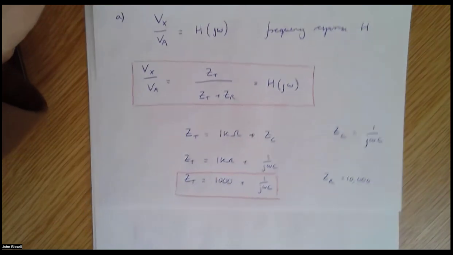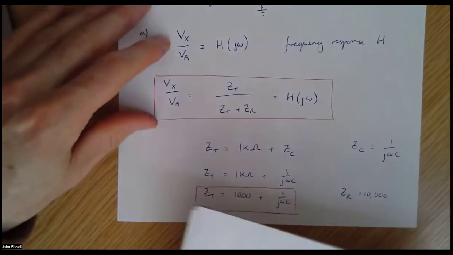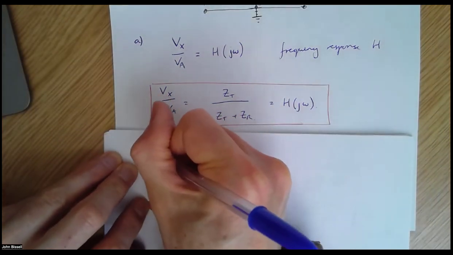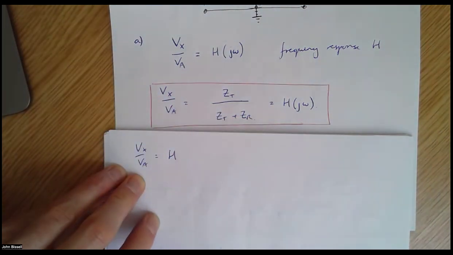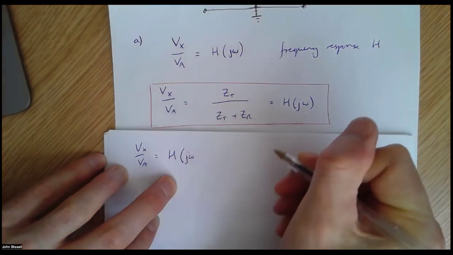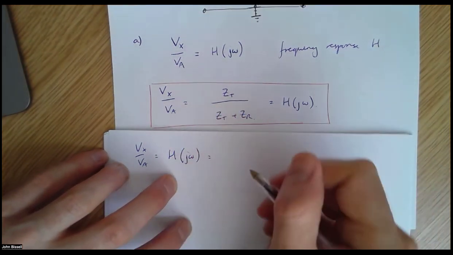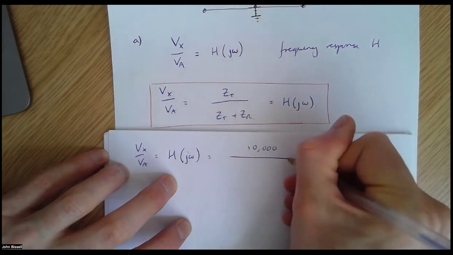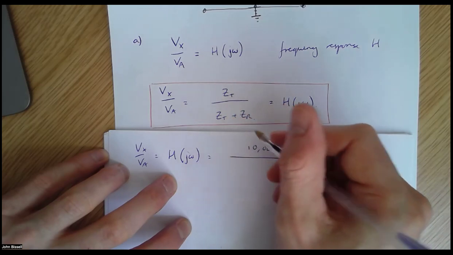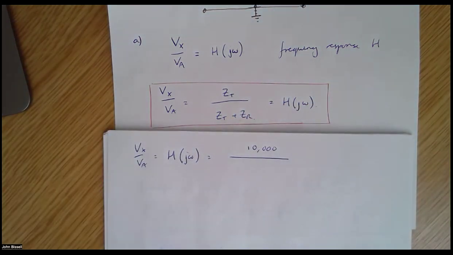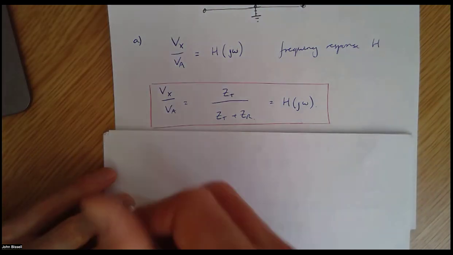So let's put those things in. We've got our frequency response, which is just the ratio of the output voltage to the input voltage. Sorry, that wasn't right. Let's do that again.